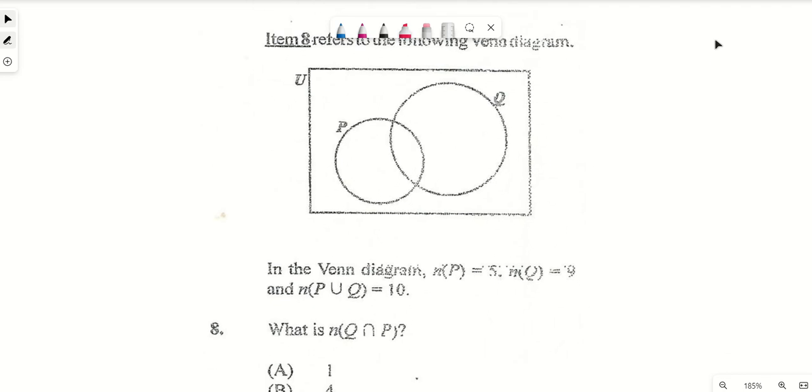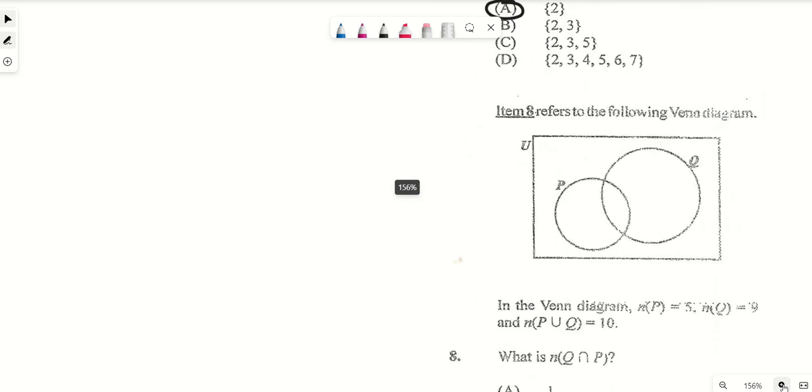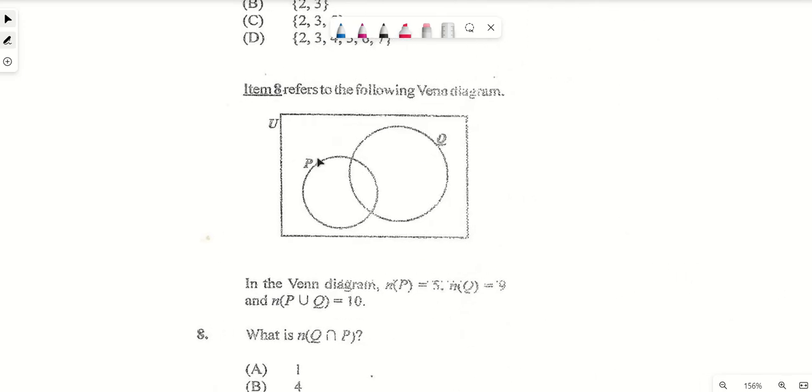Item 8 refers to the following Venn diagram. In the Venn diagram, the number of elements for P is 5, the number of elements for Q is 9, and the union of P and Q is 10. What is the intersection? This is a formula you have to remember, guys.